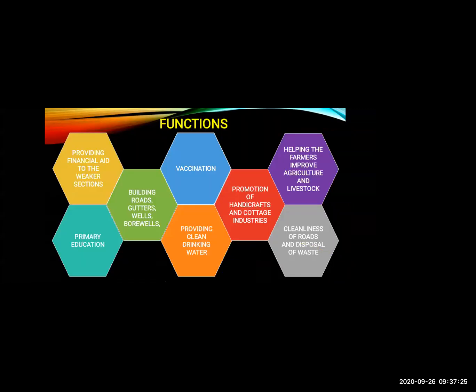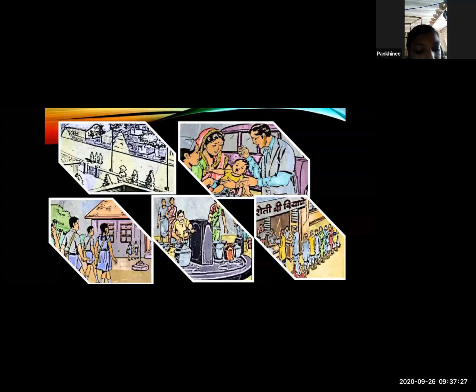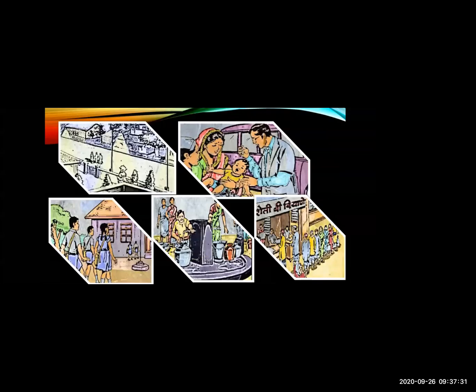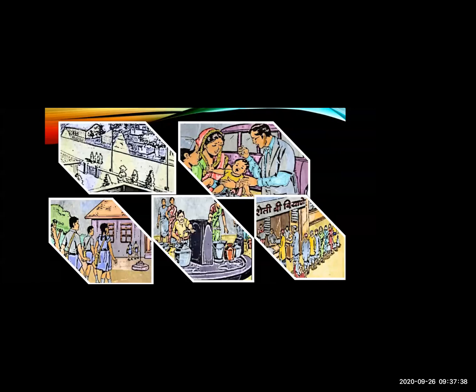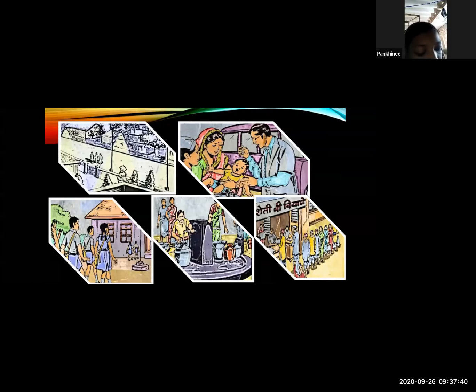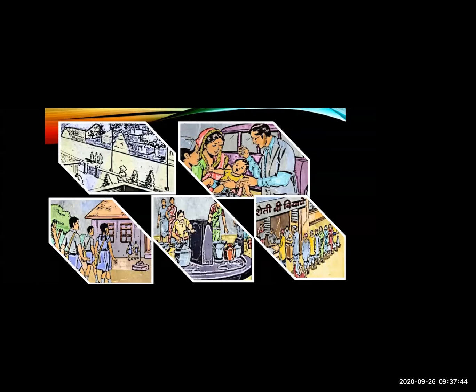Then cleanliness of road, yes. Disposal of waste, yes. Providing clean drinking water, yes. Vaccination, yes. And road, gutters, wells, bore wells. Very good. So all will be clean. Yes. So these all are the functions.